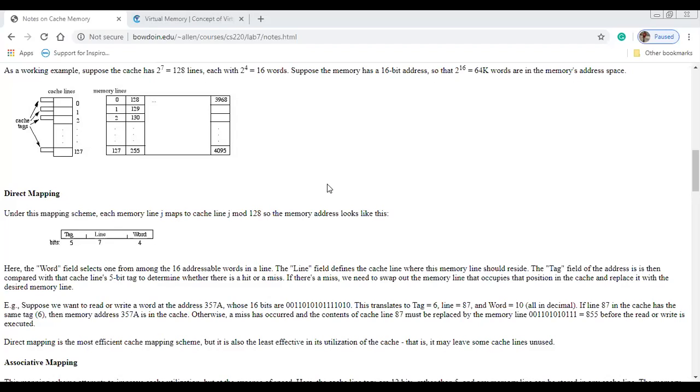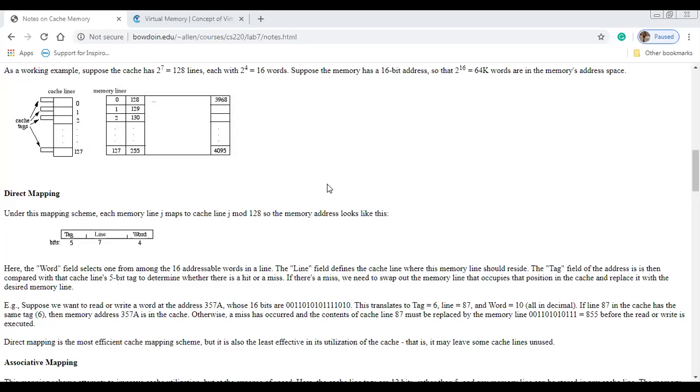What is line 87? Line number 87 is there in the cache memory with the same tag value, that means tag value 6, and at that position the word is stored, the memory address 357. If you are able to identify this, we can say the data is found in the cache memory.